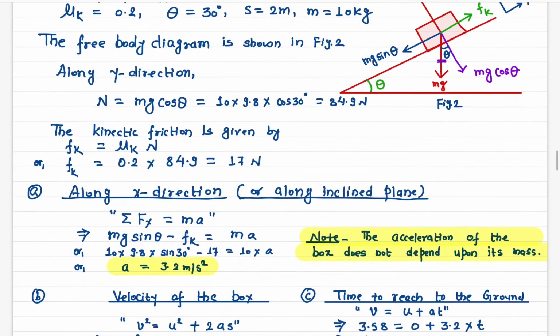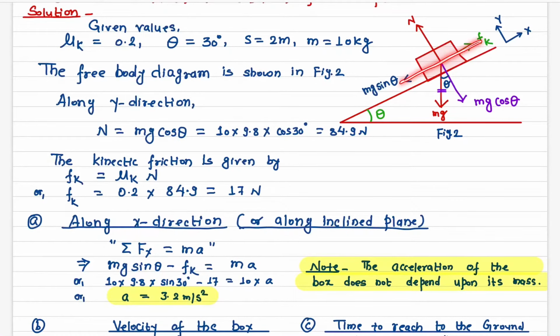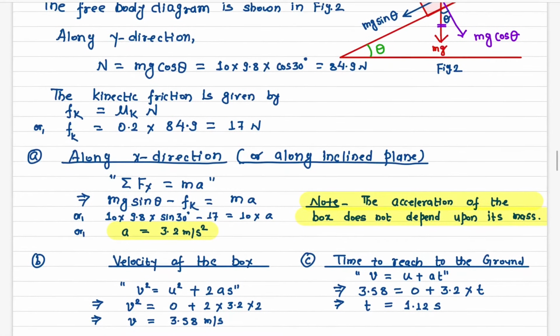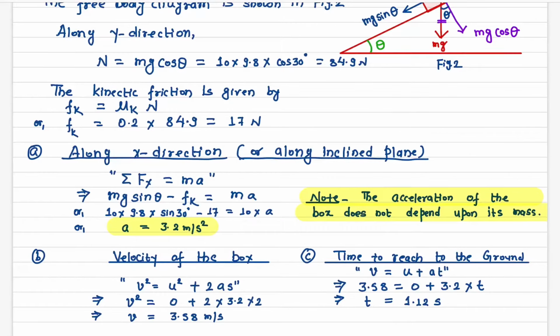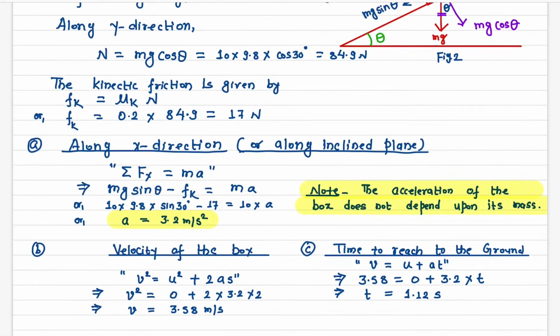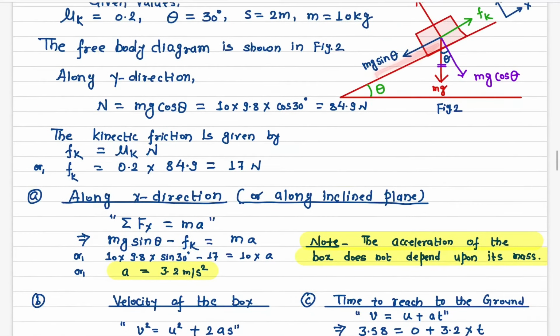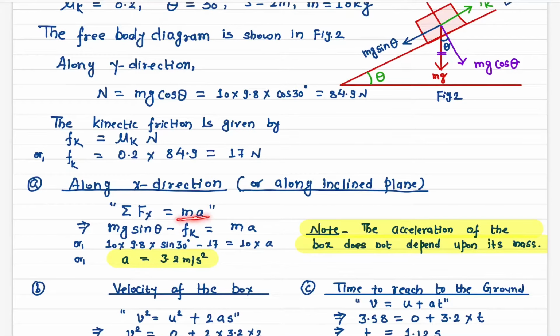So now let's take a look along the x direction, along this way. What is the total force along this direction? We are again going to write down Newton's second law of motion, which is Fx, where x stands for the net force along the x-axis, equal to mass times acceleration.